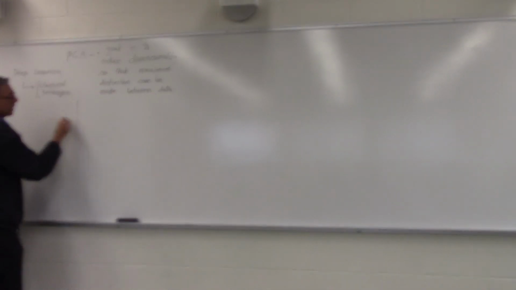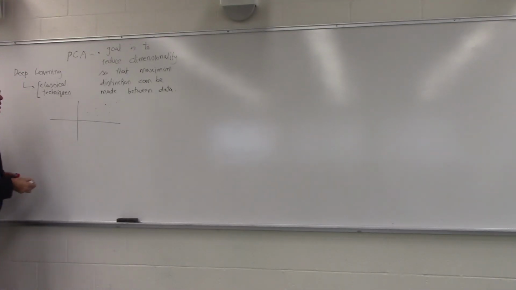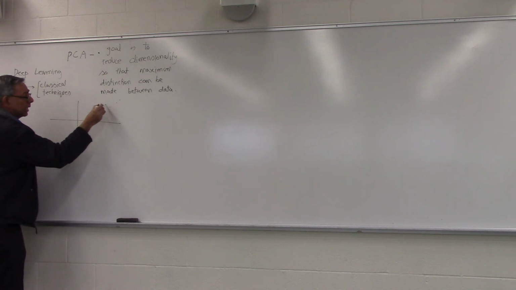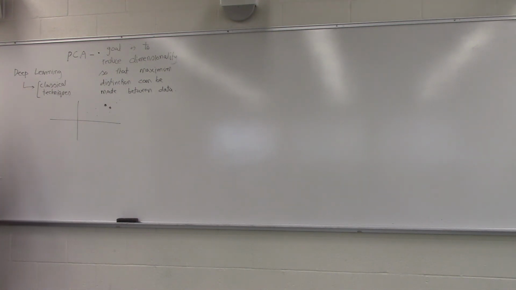Okay, so as we discussed last time, suppose in 2 dimensions some data is given to us, right? For example, let's take a look at these 2 data points over here.